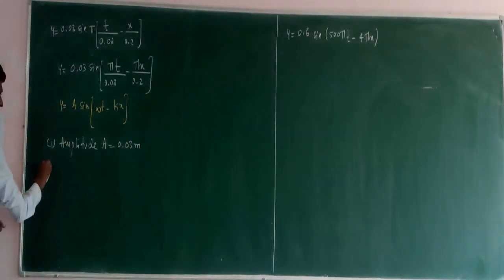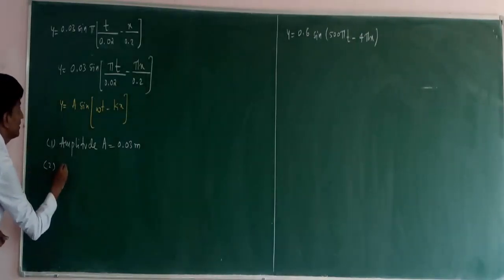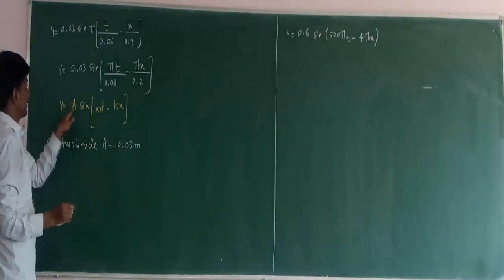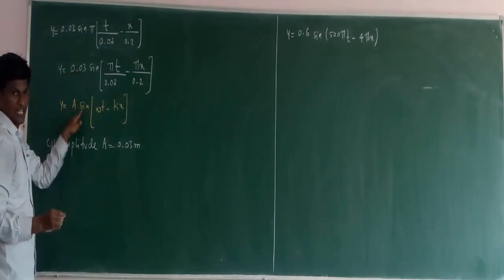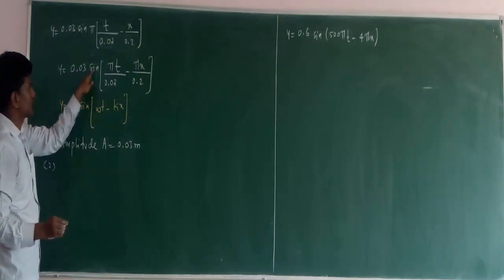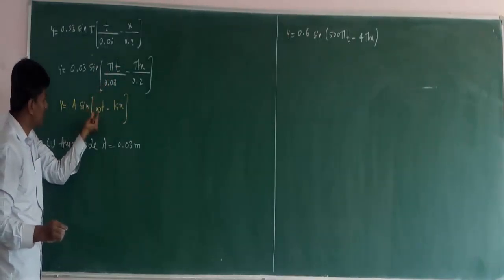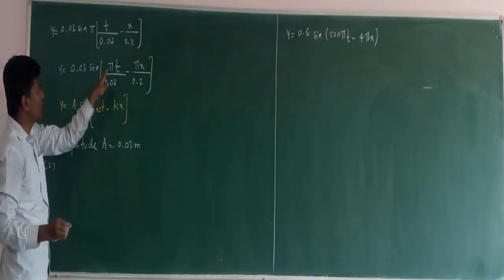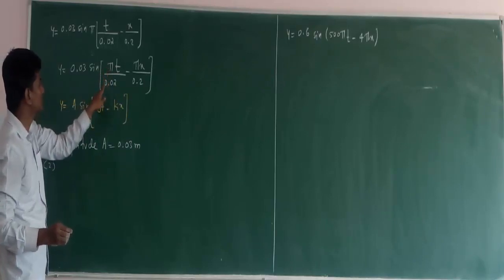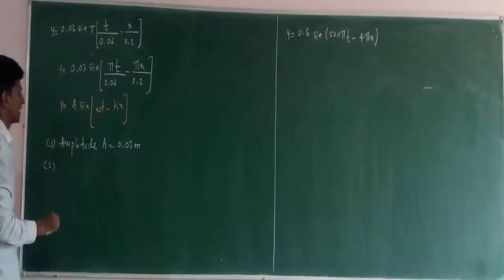After getting the amplitude, now we have to calculate wavelength and frequency. Let's take frequency first. Here the sine function, here is also the sine function, here is t, here is also t present. In place of omega, we have pi divided by 0.02.